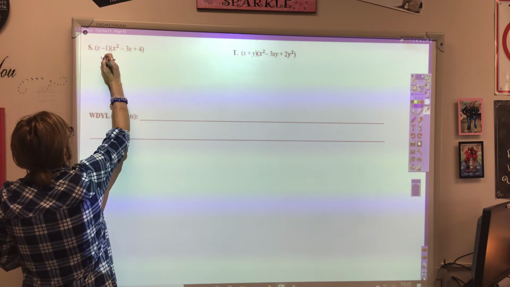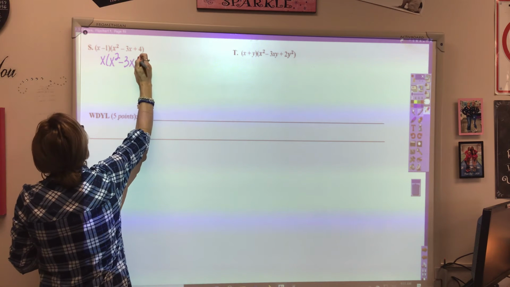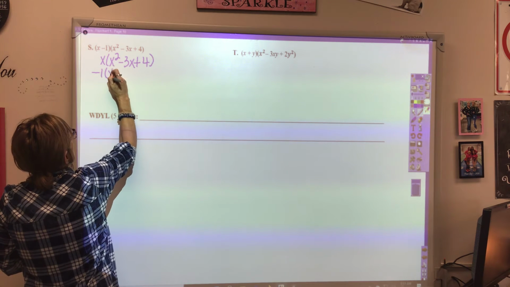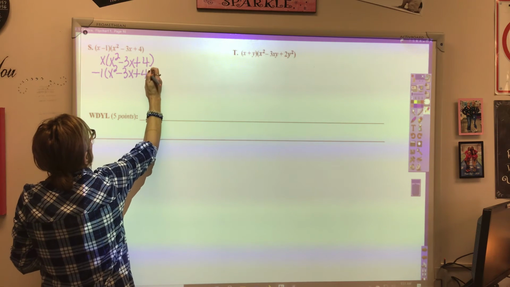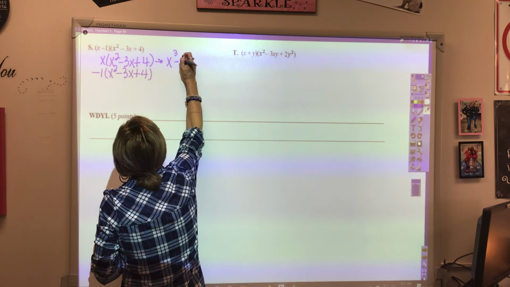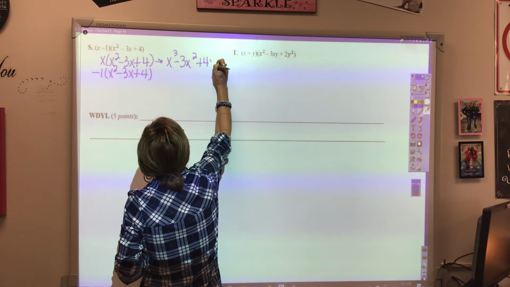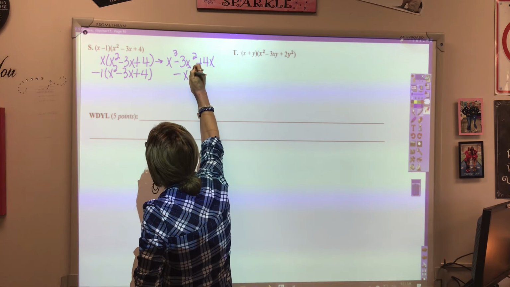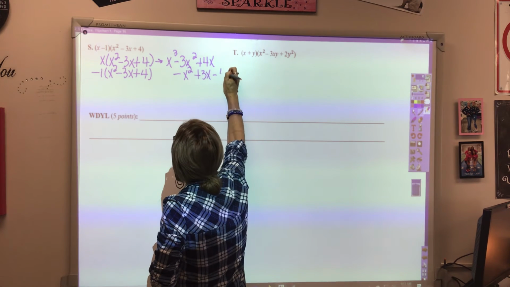So I would take x times x squared minus 3x plus 4 and negative 1 times x squared minus 3x plus 4. So I would have x to the third minus 3x squared plus 4x, and on the bottom I would have minus x squared, notice where I lined it up, plus 3x minus 4.